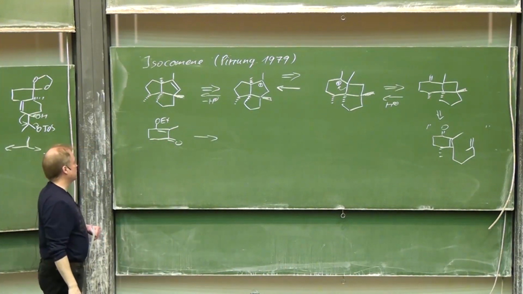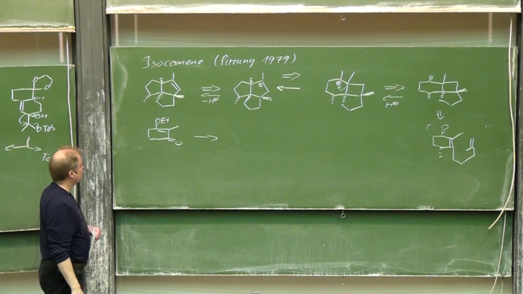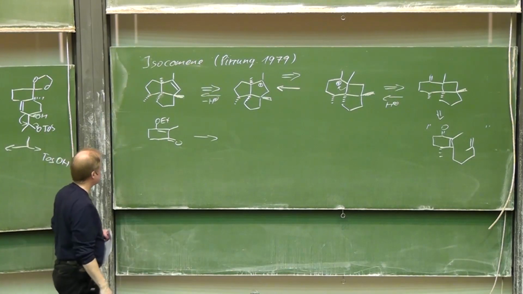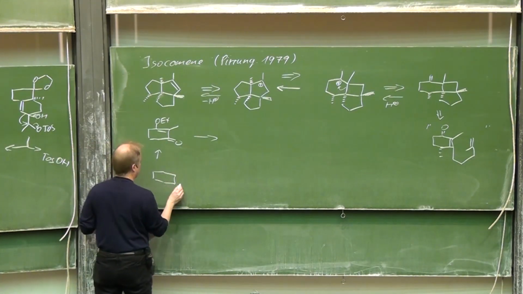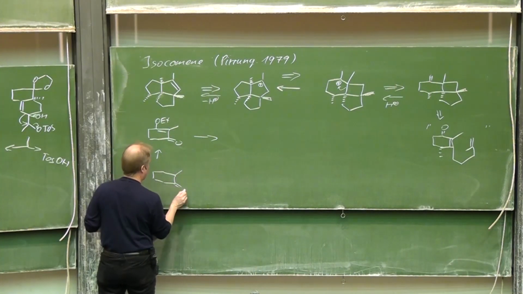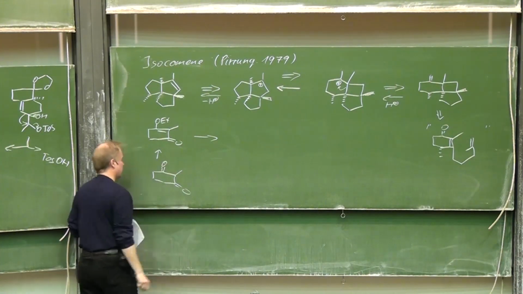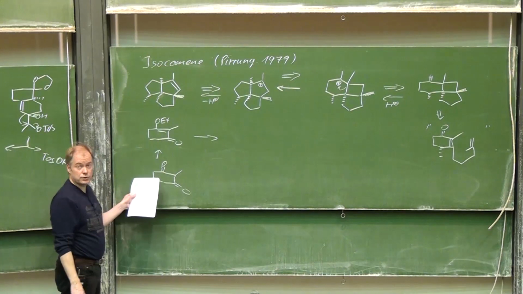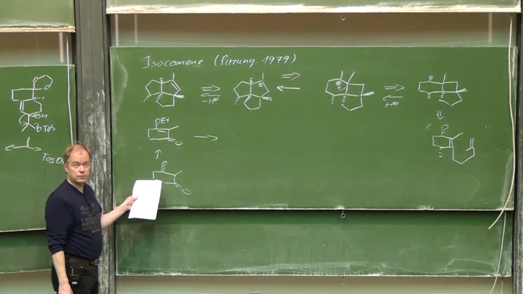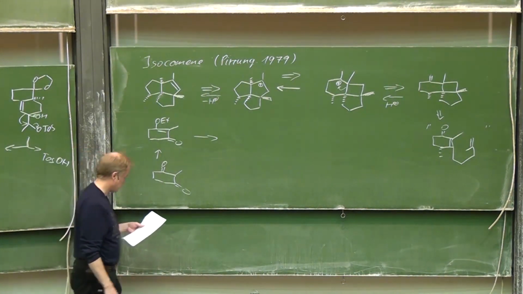Starting from this simple substrate, which of course derives from that dione, which we were already noticing today as a starting material for the Wieland-Miescher ketone.